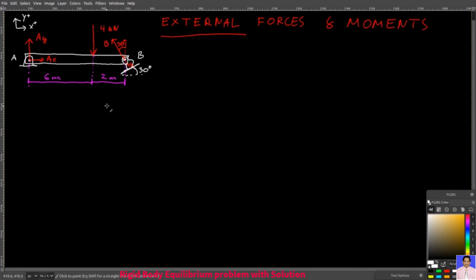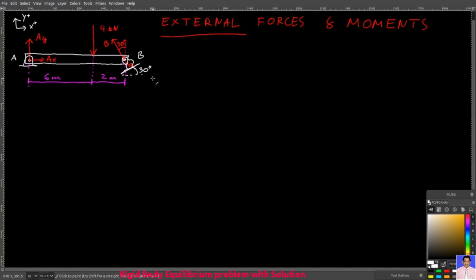And by the way, the reaction forces such as AX, AY, and B, they are also external forces. These are the forces that the external world applies to this beam through these pins at A and B. And now, when we draw our free body diagram, then when listing the reaction forces at the supports of a body, we have to pay attention to what kind of supports we are dealing with.